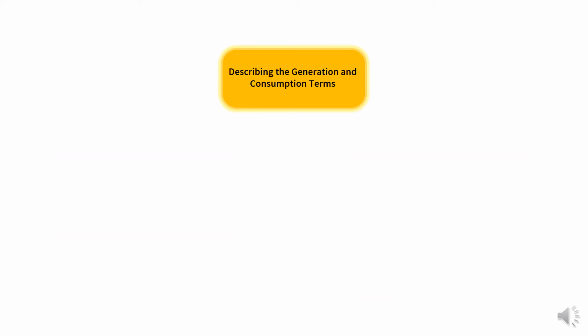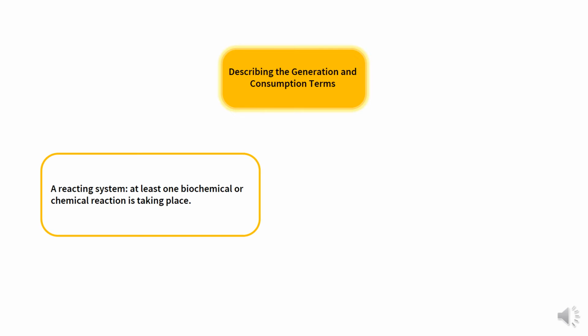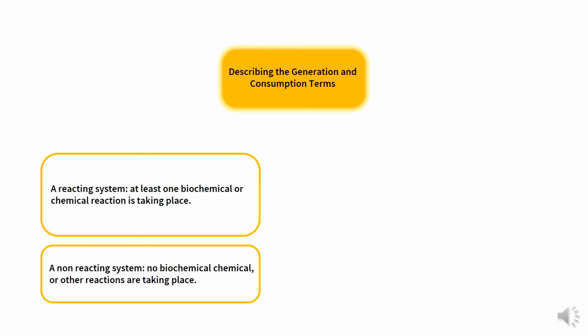Regarding a chemical reaction, a reacting system is one in which at least one biochemical or chemical reaction is taking place. When a system is reacting, accounting equations are required to deal with non-conserved extensive properties.